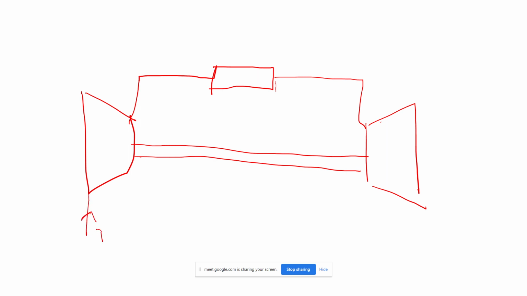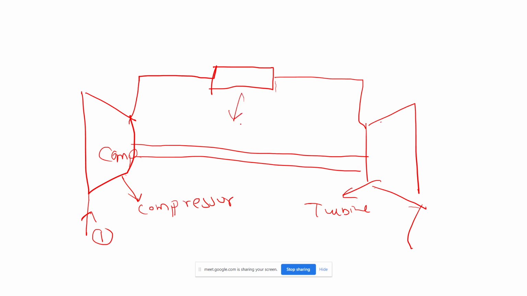That will be our point one, and then this will be our point two. This is our compressor. Actually, my handwriting is not at all good because I am operating this pen for the first time. This is our compressor. This is our turbine. This will be our output. And this is our combustion chamber.